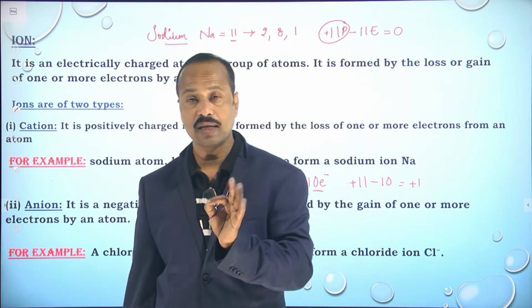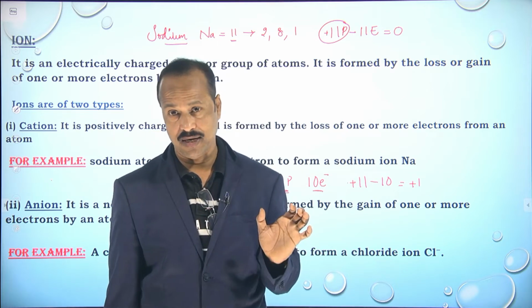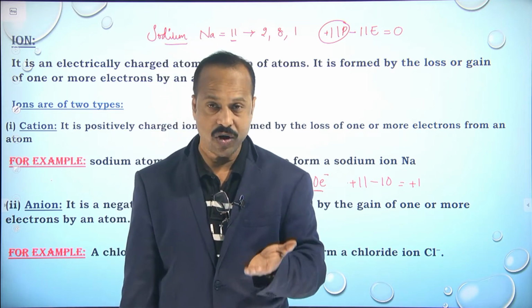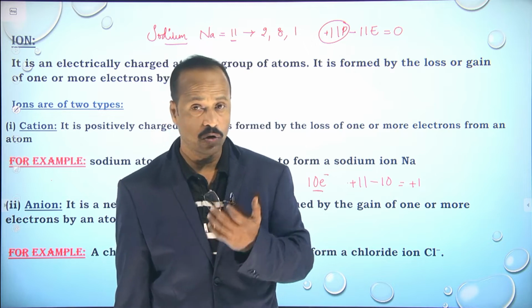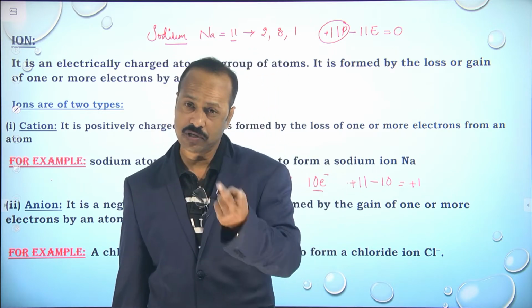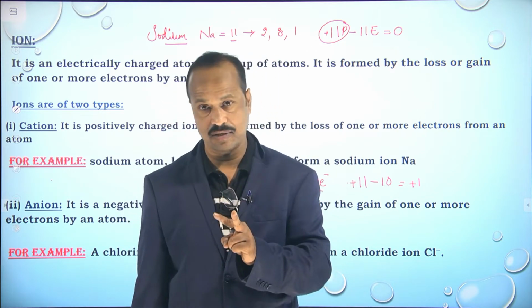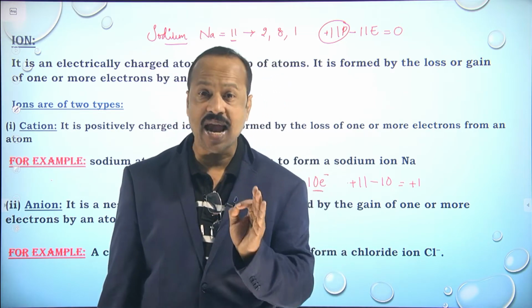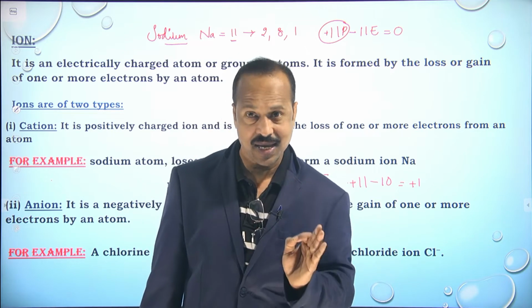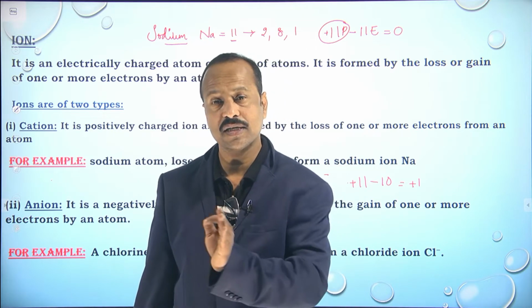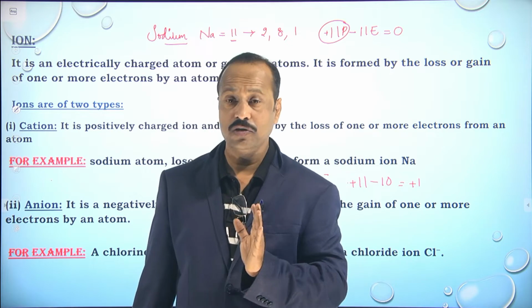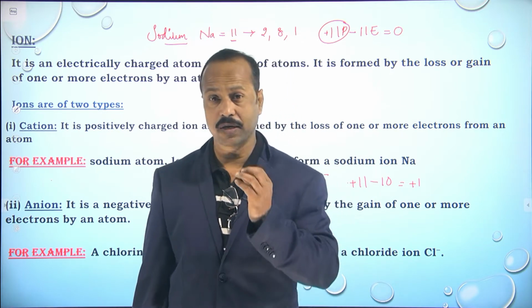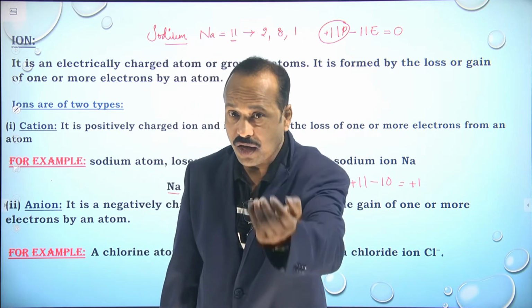So ion means a charged particle. It may be positive or negative. Ions are of two types, positively charged ions and negatively charged ions. Positively charged ions are called cations, and negatively charged ions are called anions. A positively charged ion is formed by losing one or more electrons.